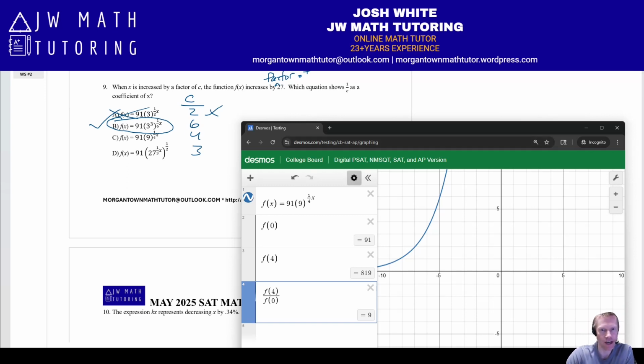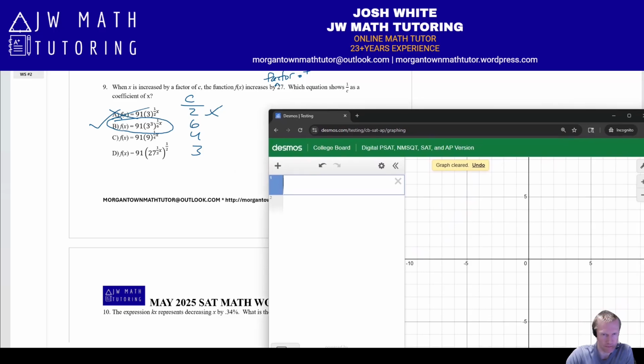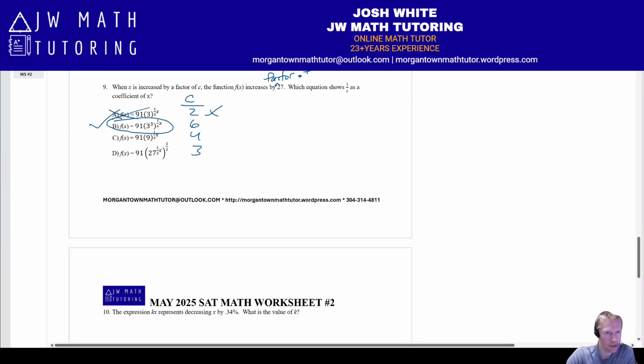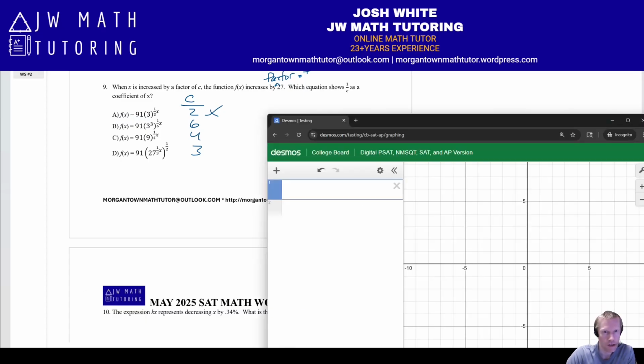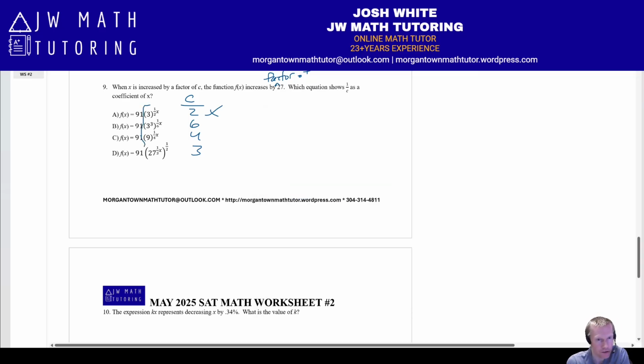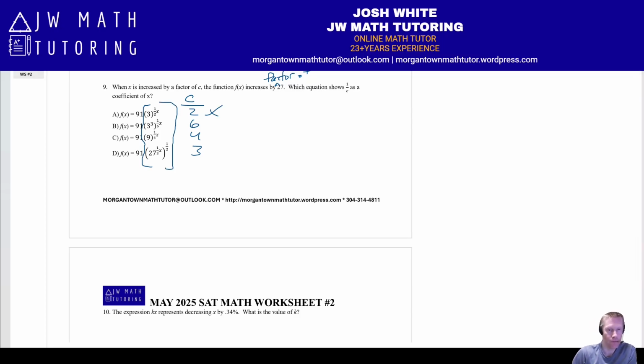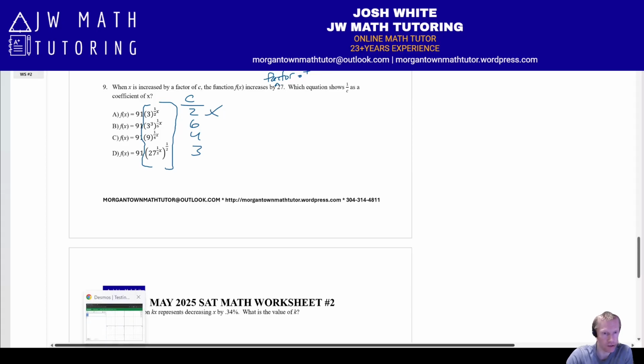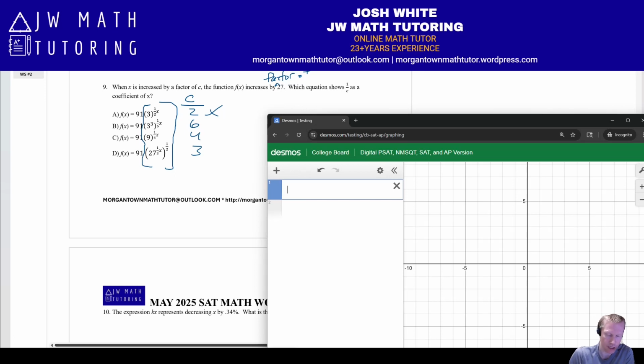Okay, here is a second, alternate way to think about this problem. And let me just erase this. Basically, you want each of these functions to increase by a factor of 27. That means you want all these parts that I'm putting inside the brackets to increase by 27. The 91 is just a constant out front. We're really looking at what value causes it to increase by 27.